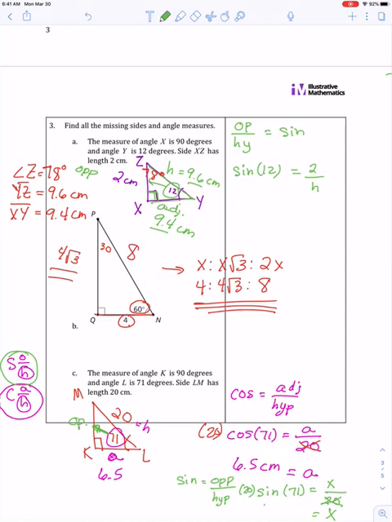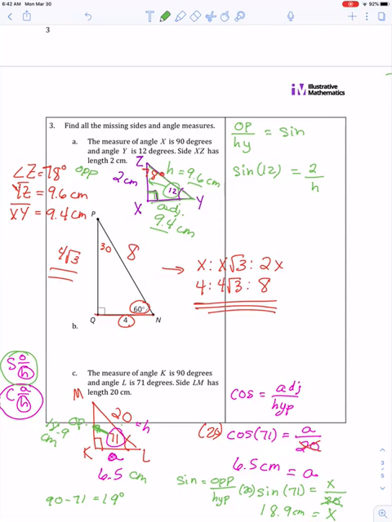Which will be 18.910, so I'm going to do 18.9 centimeters. So this opposite side over here is going to be 18.9. Again, my hypotenuse is still my longest side, so we're good there. And then we have left to find the angle, which 90 minus 71 is going to give us 19 degrees.